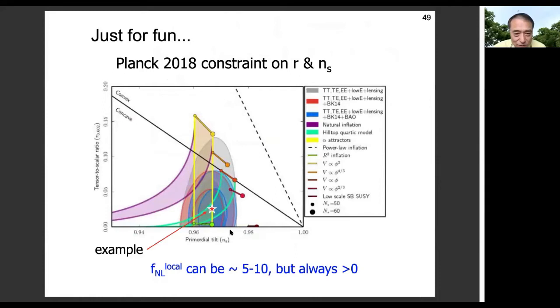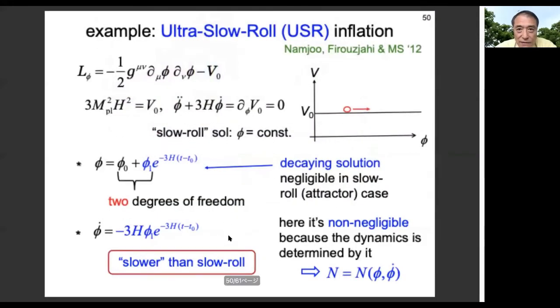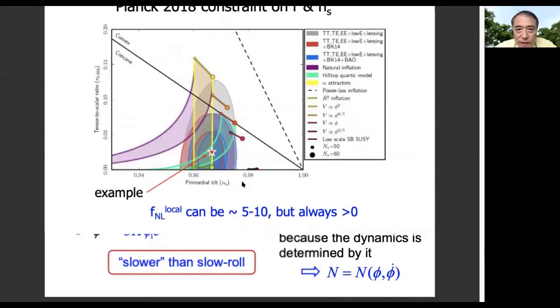And for example, you can make this non-local non-Gaussianity parameter f_NL to be about 5 to 10, which is still acceptable from the current observation. In other words, if you find this to be about this value in the near future, then it is an indication that you are actually having two field models. Okay, so far so good.